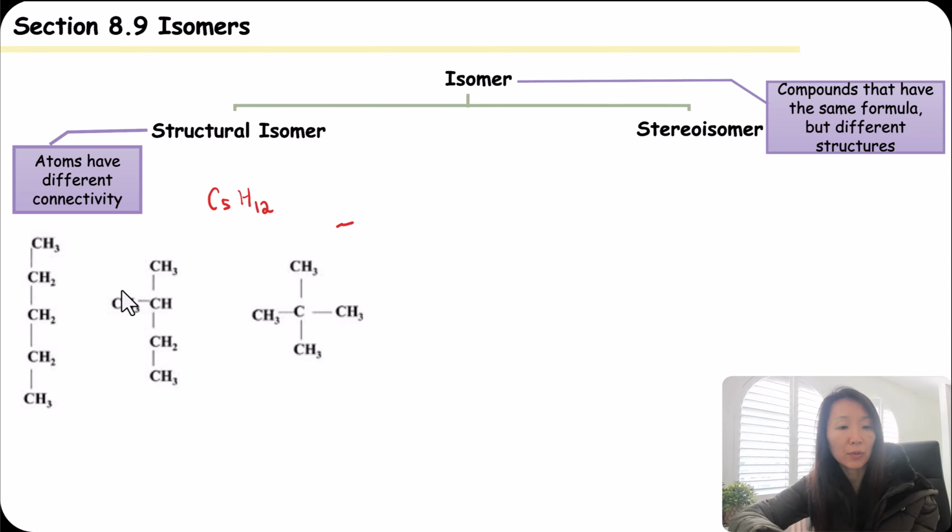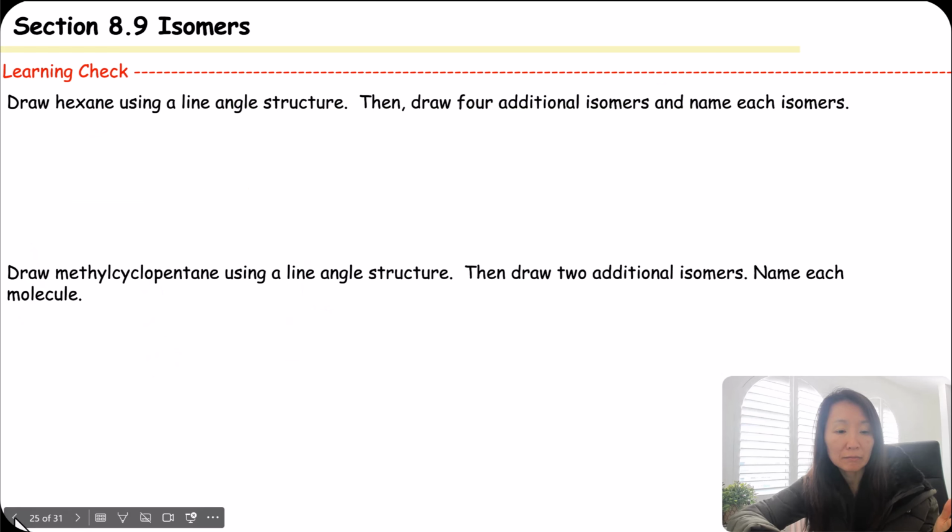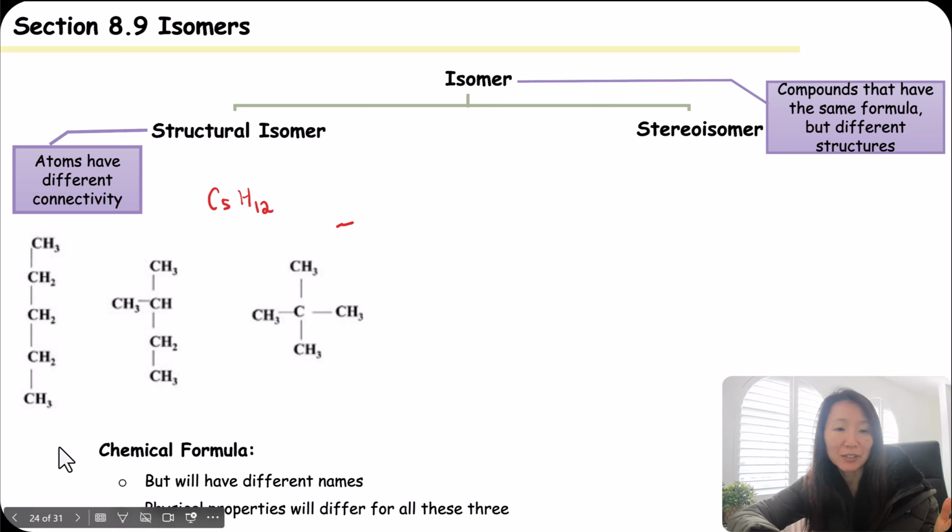If you count all of these hydrogens here and over here and over here, there are 12 hydrogens. So they are isomers of each other in that they have the same molecular formula. The thing is, they have different connectivity, and something like this is considered a structural isomer.